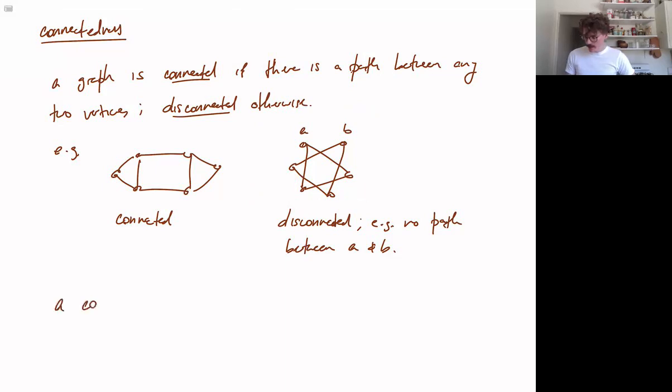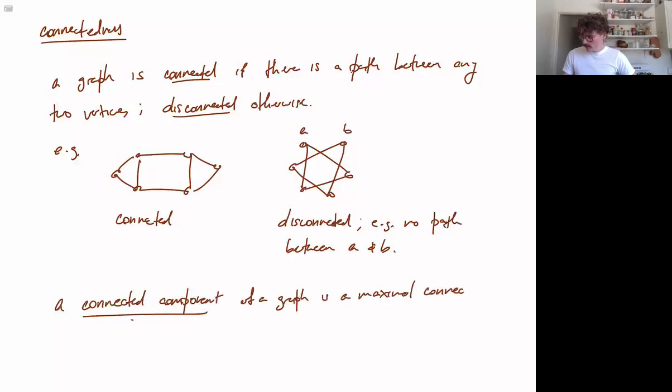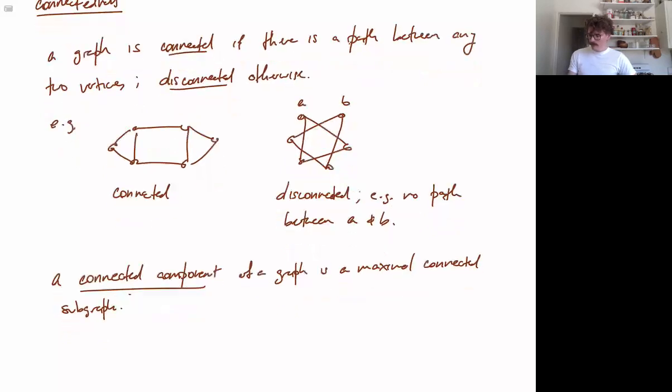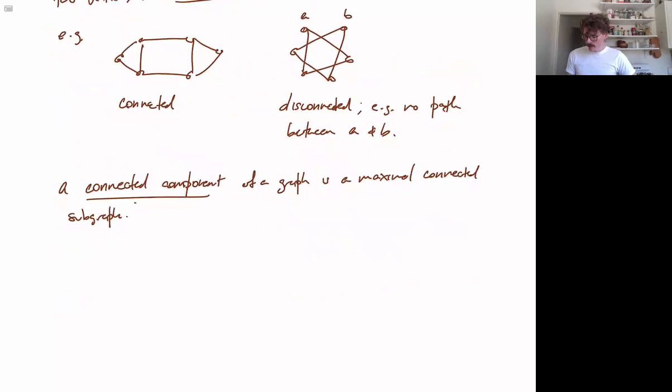A connected component of a graph is a maximal connected subgraph. So in this example, there is one connected component, which is the whole graph because it is connected.